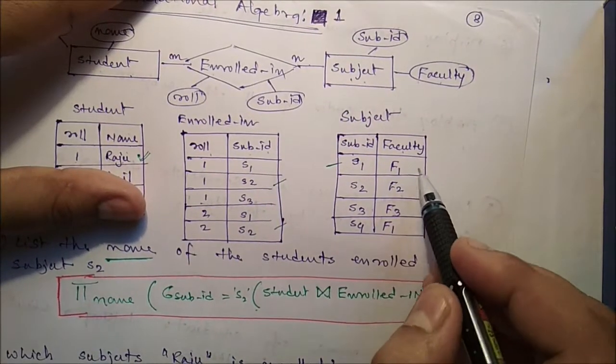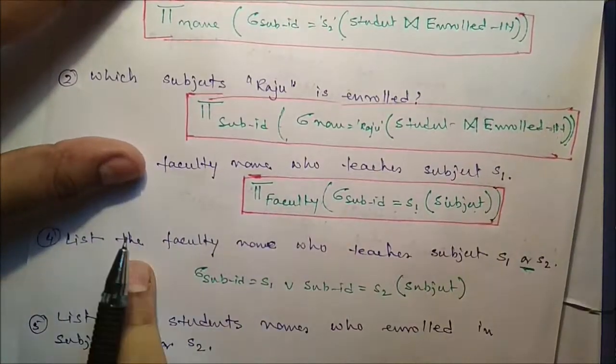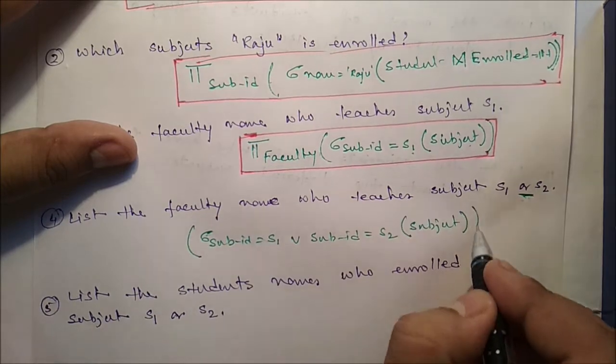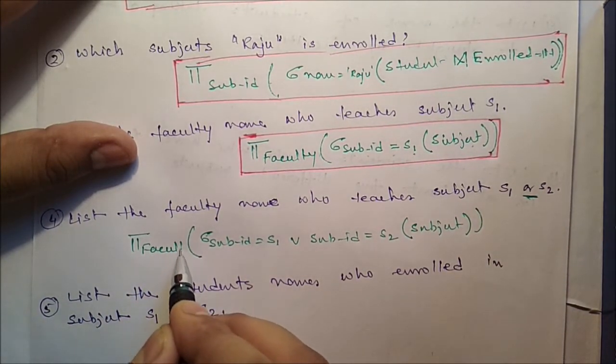The output will be these two rows, S1 F1 and S2 F2, but we need only the faculty name, so we apply the projection on faculty name.